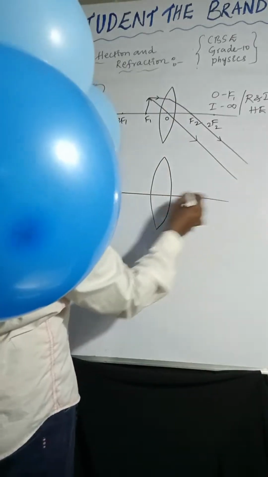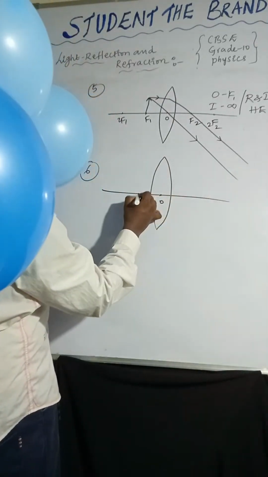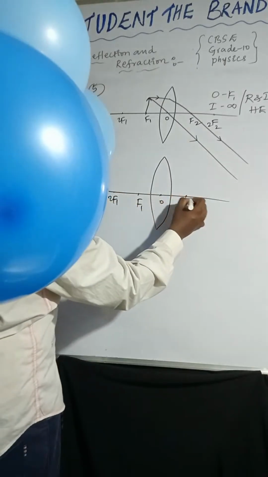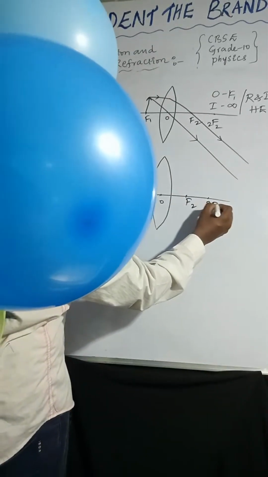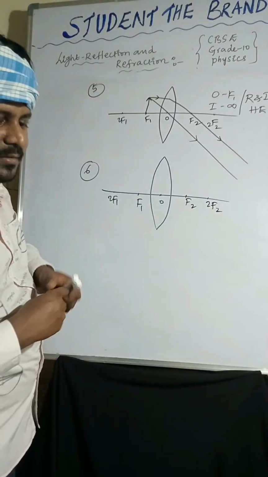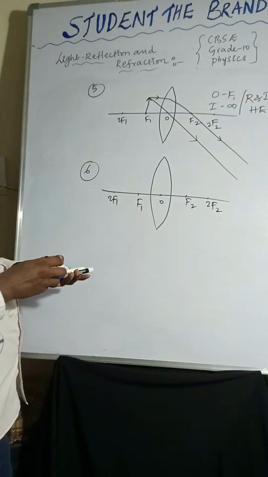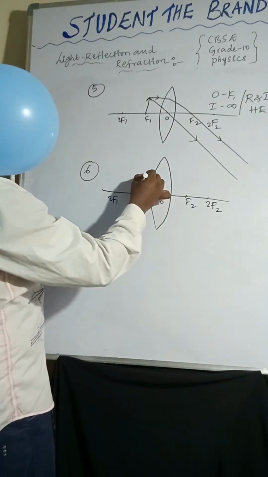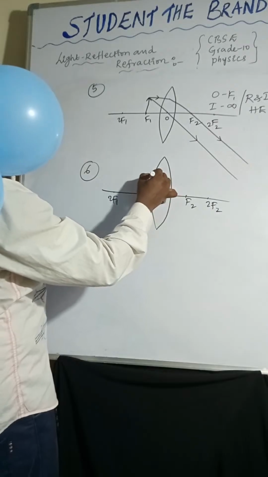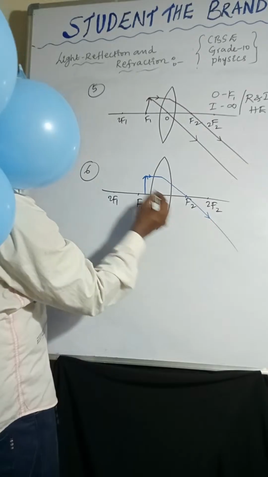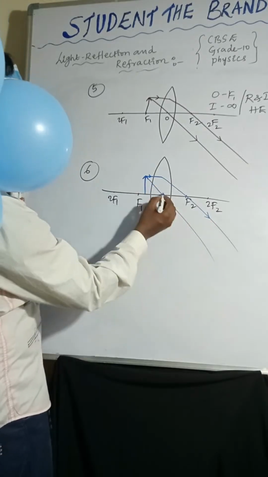So for the object, I am taking optic center, F1, 2F1, F2, 2F2. Object is placed between F1 and O. One light ray I am taking like this, it passes through focus. Another light ray passes through optic center.